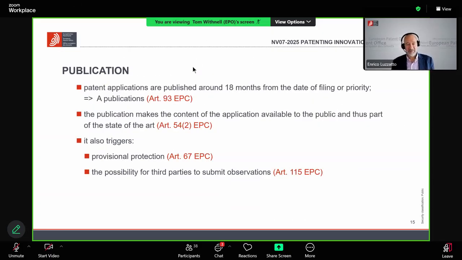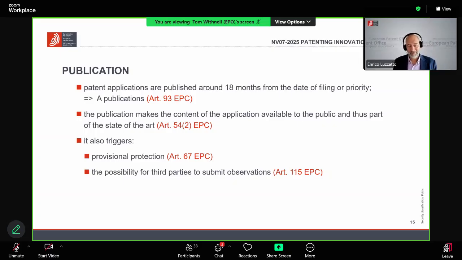After something like 18 months after the first filing, the patent application goes public. And this is what we call an A publication. And the content of the patent application becomes part of the state of the art. It triggers what we call provisional protection.